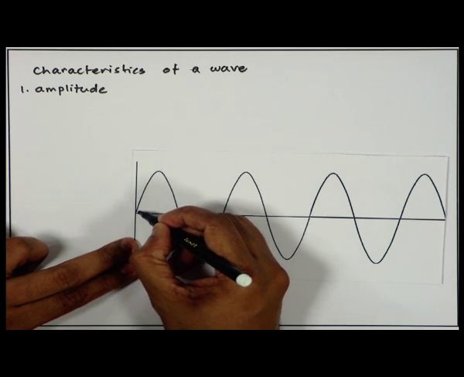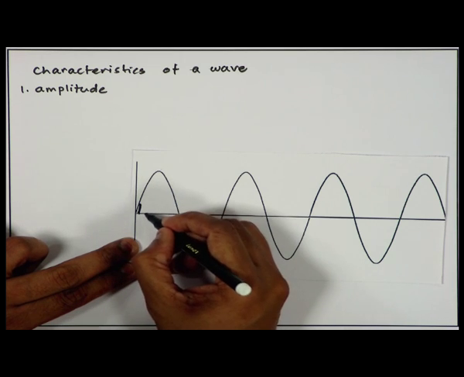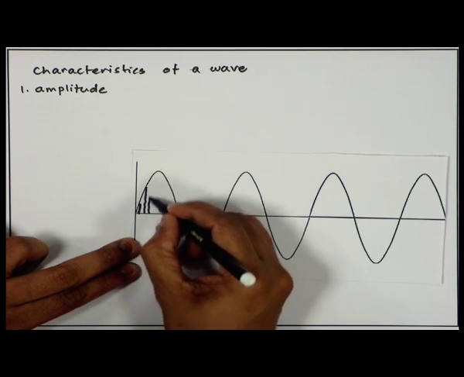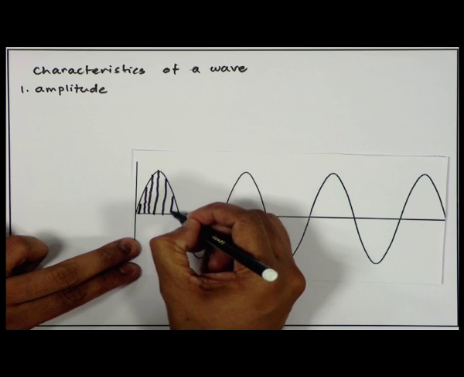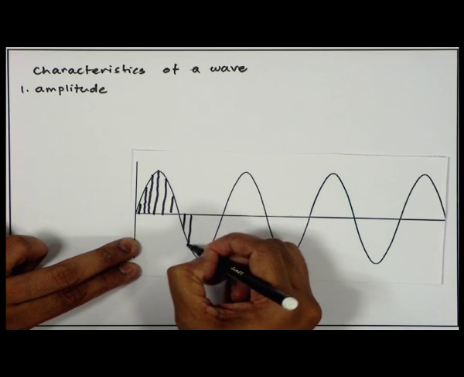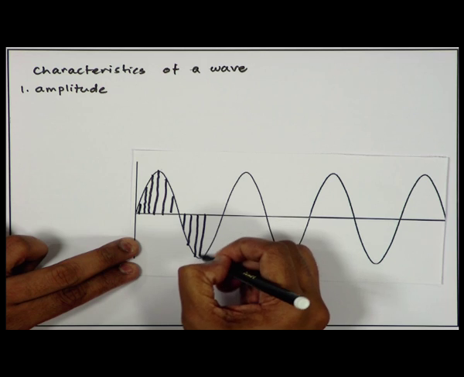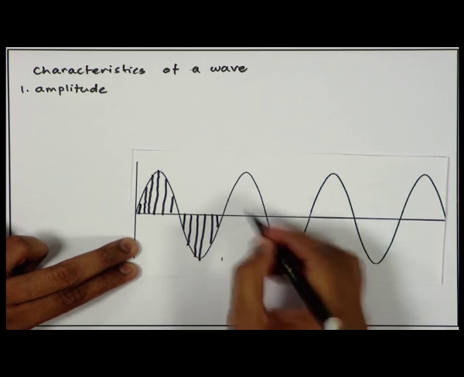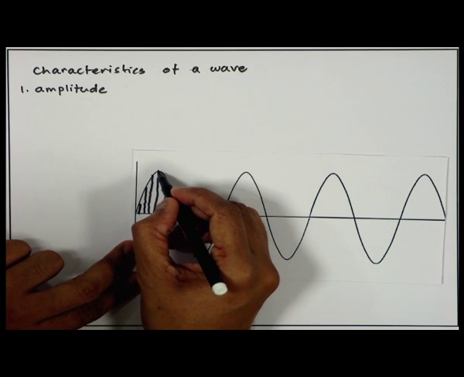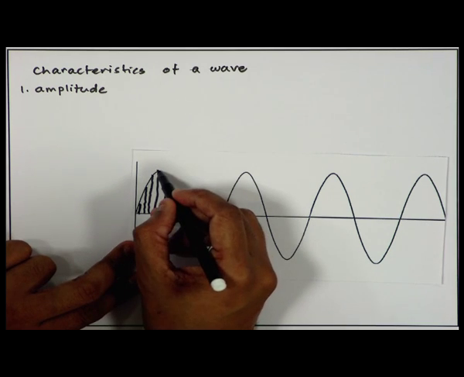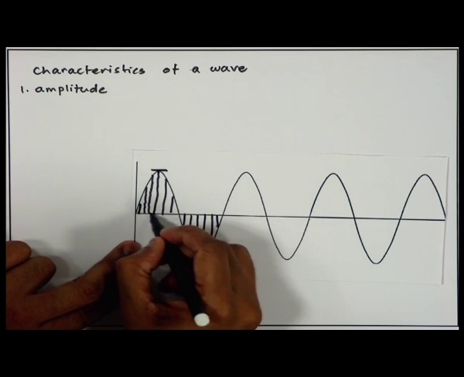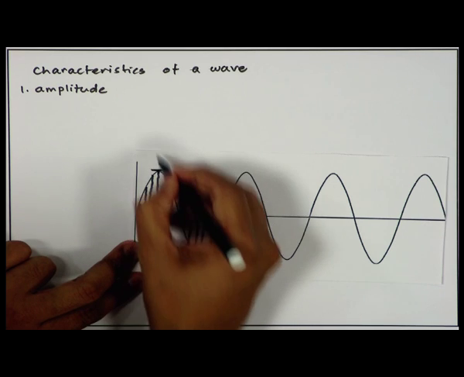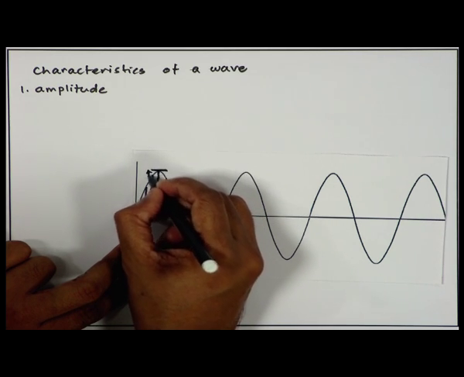At this point you see a displacement like this, at this point you see another value of displacement like this, and then in this direction the displacement is along the other direction. At one point you would see that the displacement is maximum, and the distance between this and the normal position is called amplitude. This distance is called amplitude.